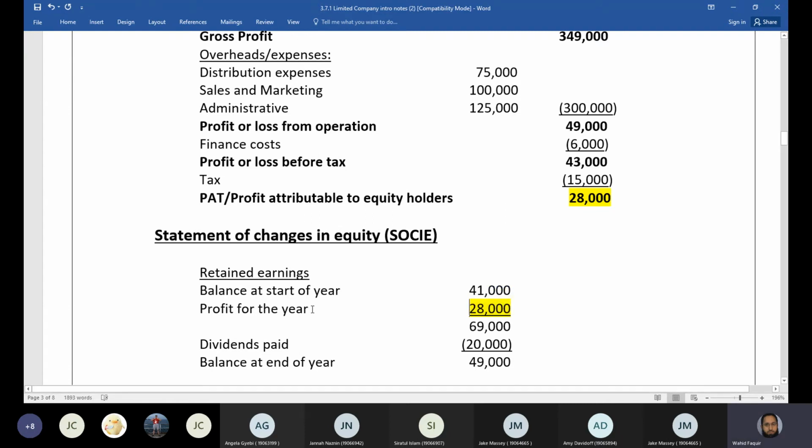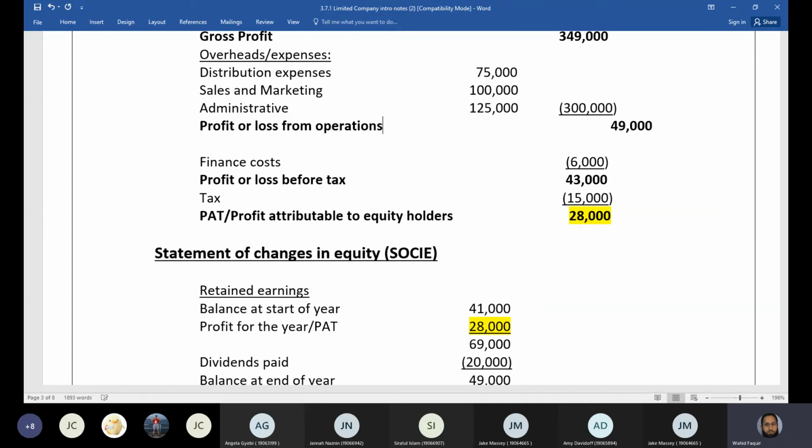So when you learn all this, where it says profit for the year, you might learn it as profit for the year. If you're a stronger student and you're using your initiative, you might say, look, I'm just going to learn it as profit after tax, because that's what it is. If I learn it profit for the year, I might get mixed up. I might pick up profit before tax. I might pick up profit from operations. I might pick up gross profit.